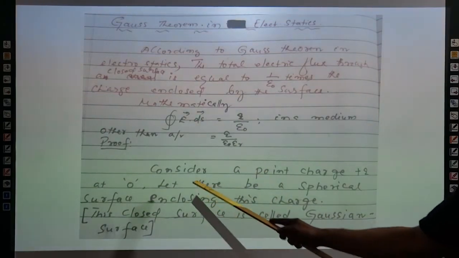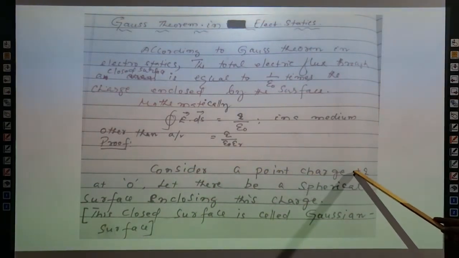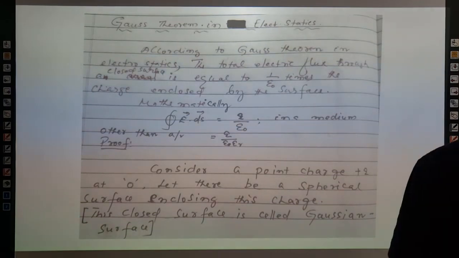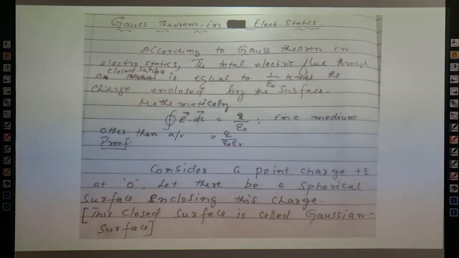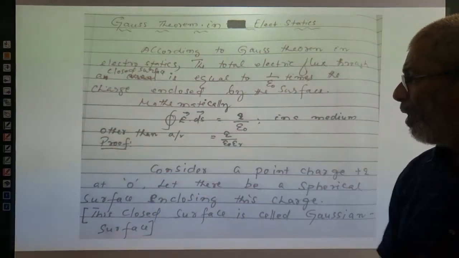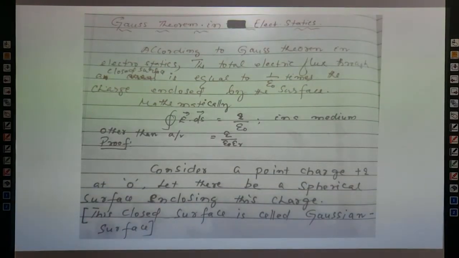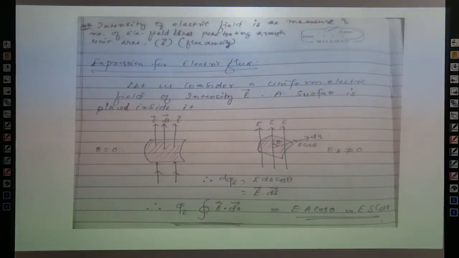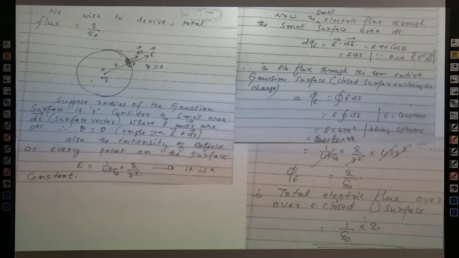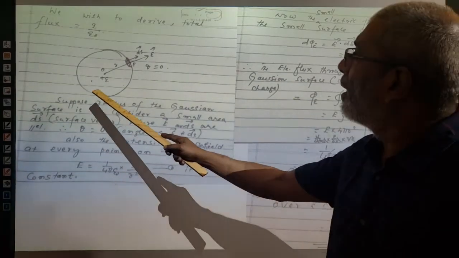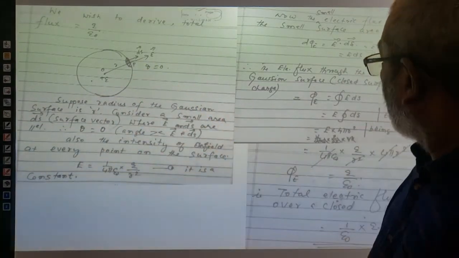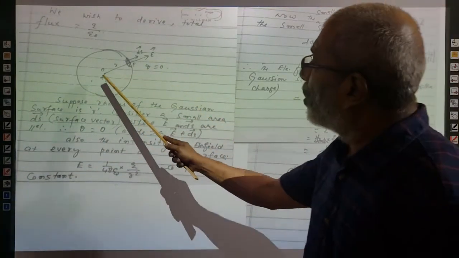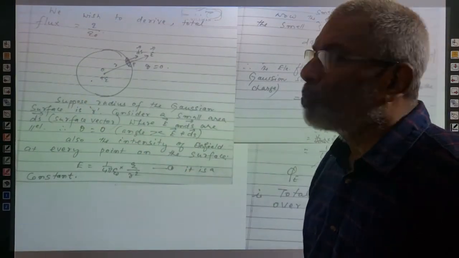Now consider a point charge. Now I am going to explain the derivation, that means the proof of Gauss theorem. Consider a point charge Q placed at the center of a sphere.